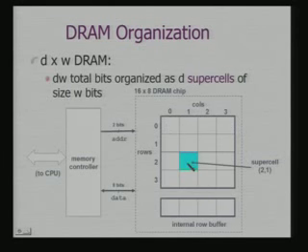Each cell now has a row address and a column address. The CPU generates the address which goes to the memory controller. Once it receives the address, the memory controller generates separately the row address and the column address to access the data which is stored in a particular cell.